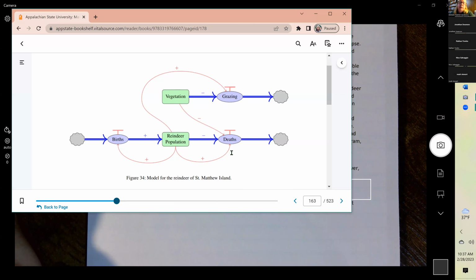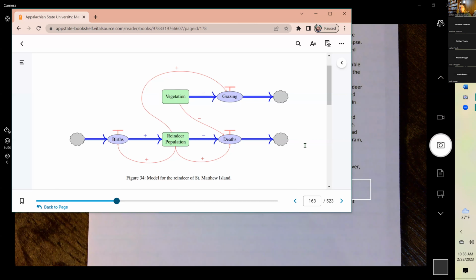So then it amplifies. This one amplifies the reindeer. But then there's no vegetation and the reindeer just die. So I think the loop works for a while as it's getting high, but then once the vegetation's gone, you can't use this loop anymore because there's no vegetation and everything dies.